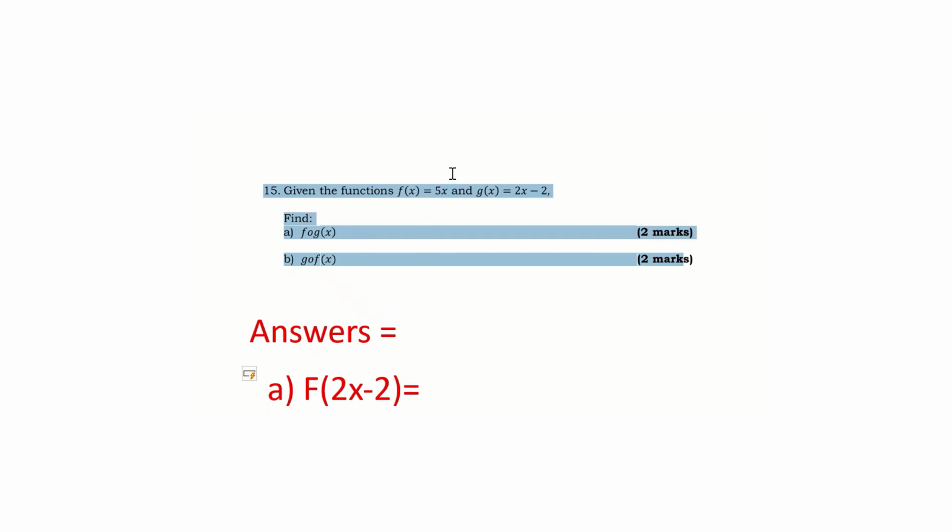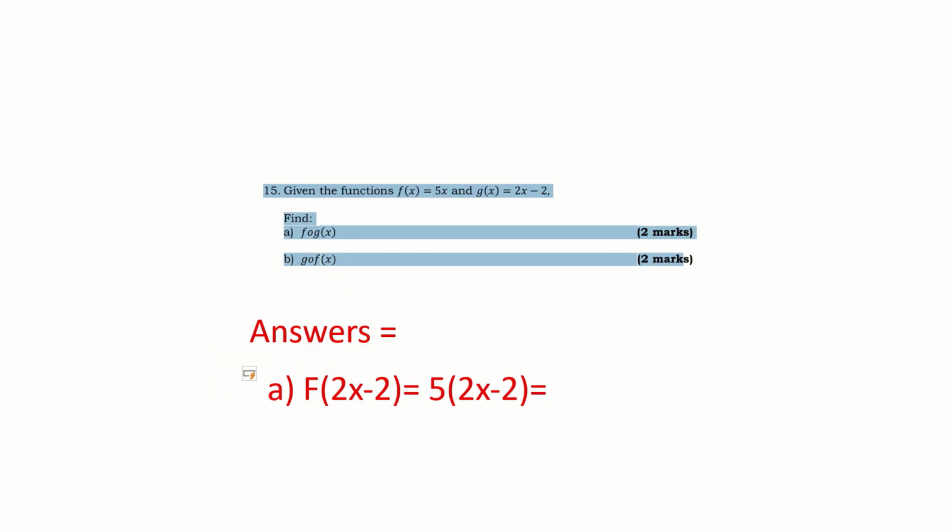The f of x is 5x, so in place of this x we put the value of g of x, which is x minus 2.